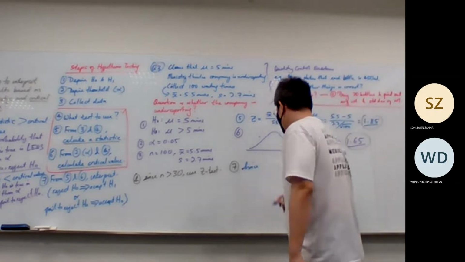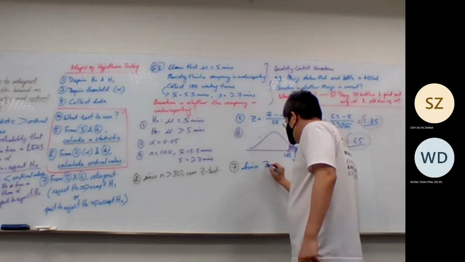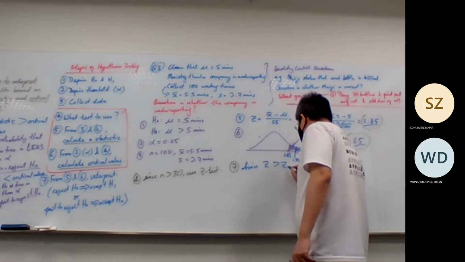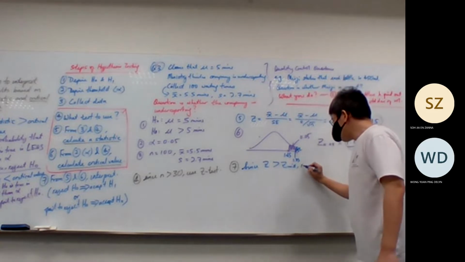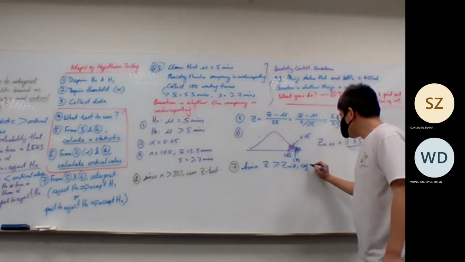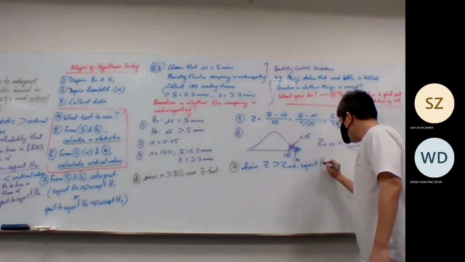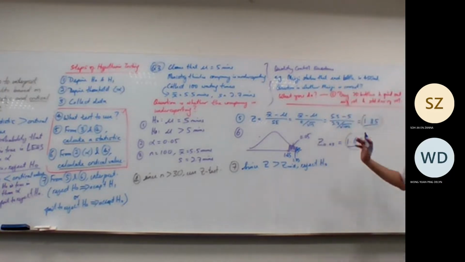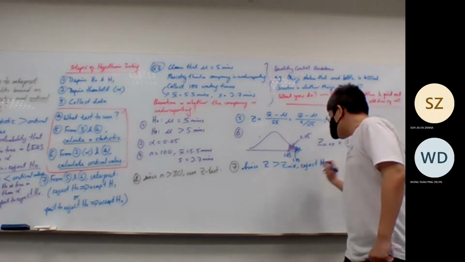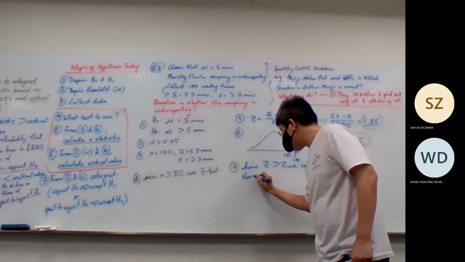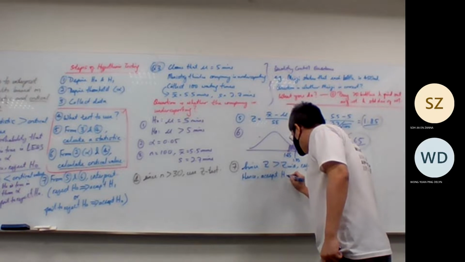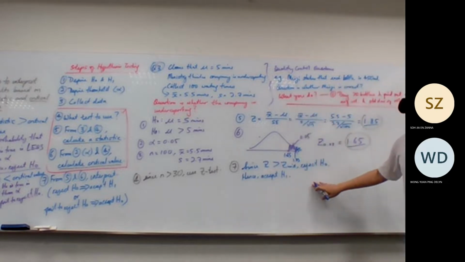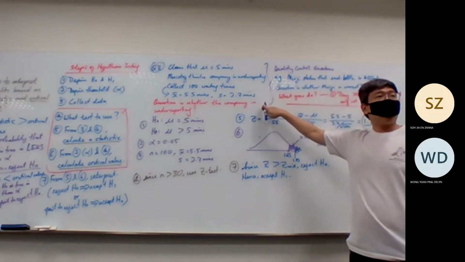Since Z is more than Z critical, okay, you reject your null hypothesis. Once you reject your null hypothesis, you have to accept the alternate hypothesis. Hence, you accept the alternate hypothesis. What does alternate hypothesis mean? Go back to the question.